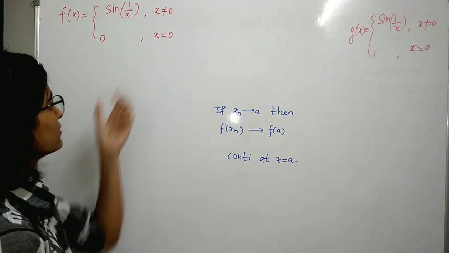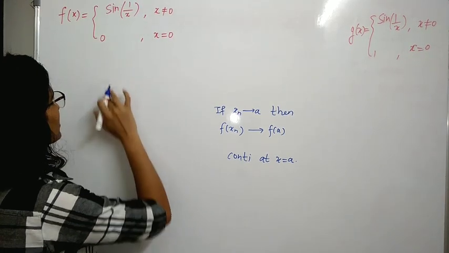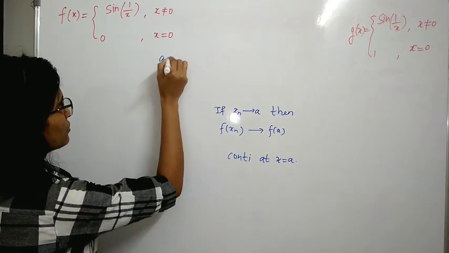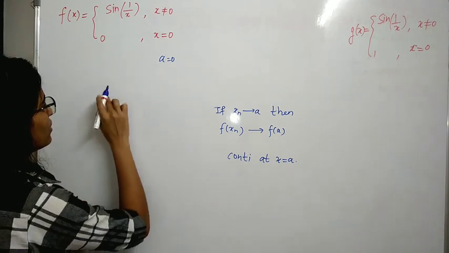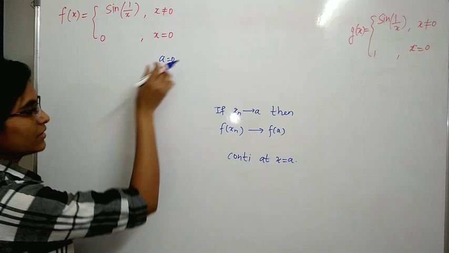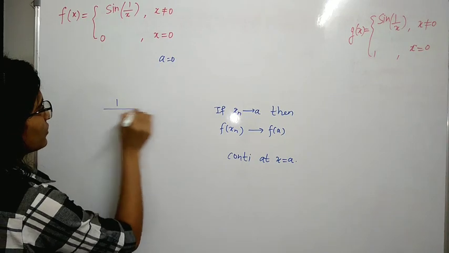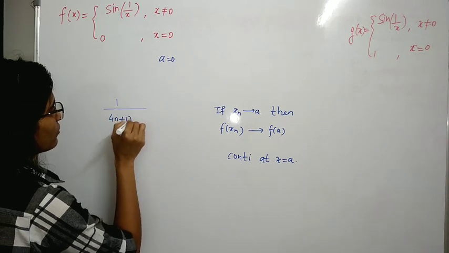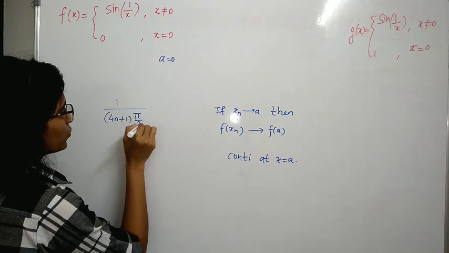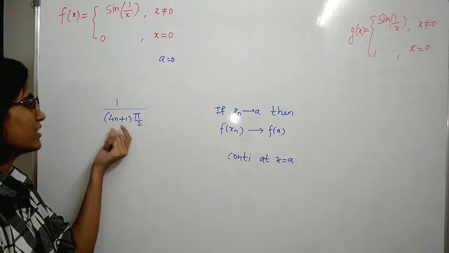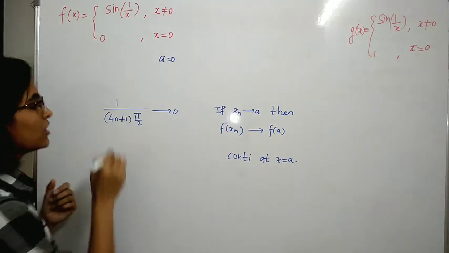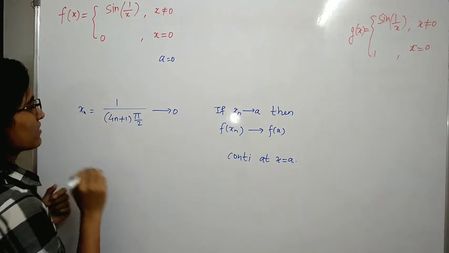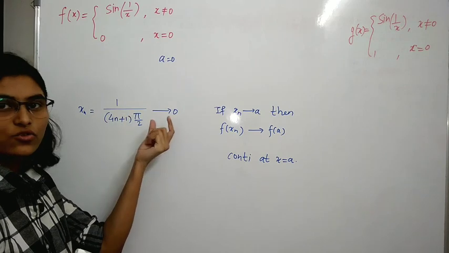So look at this. Here the point a is just 0, right? So let me take a sequence which converges to 0. Take the sequence xn equal to 1 upon (4n plus 1) times pi by 2. Now as n tends to infinity, this tends to 0, right? So I have a sequence xn which converges to 0.